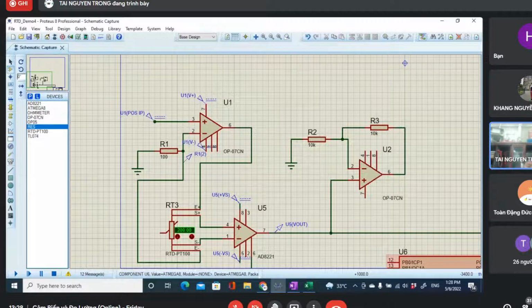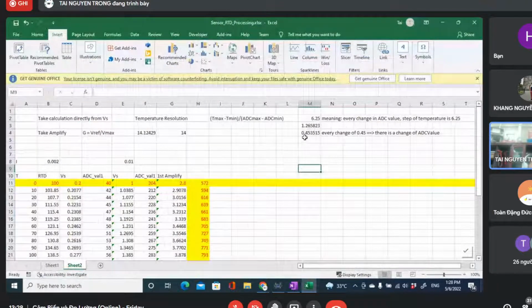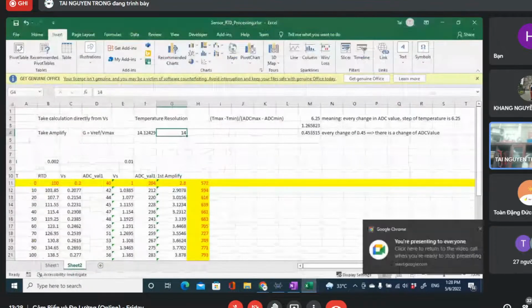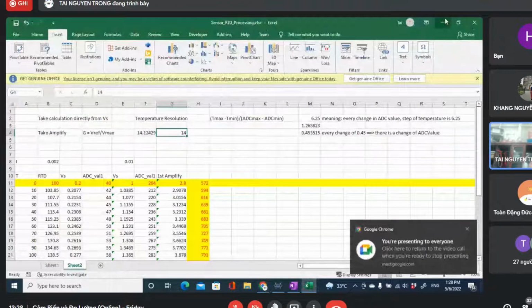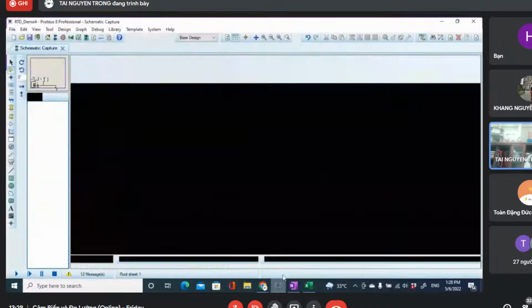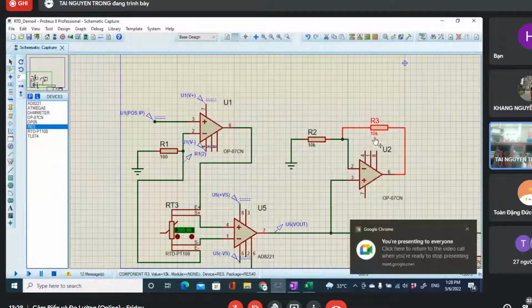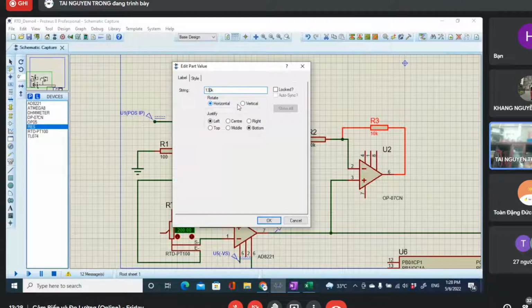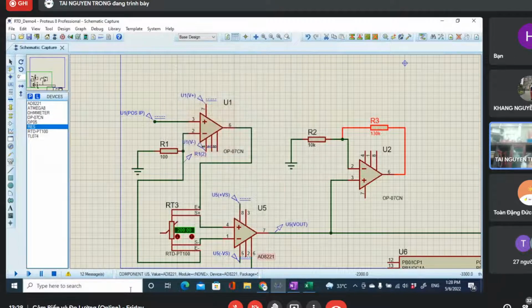And the gain indicates 14, and I will set the register for this one to 130, and the gain indicator will be 14.